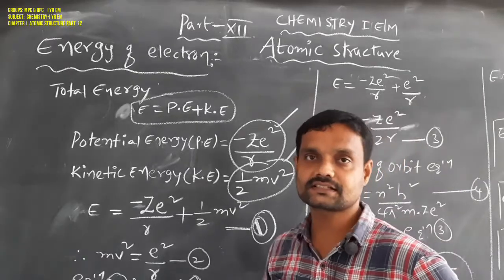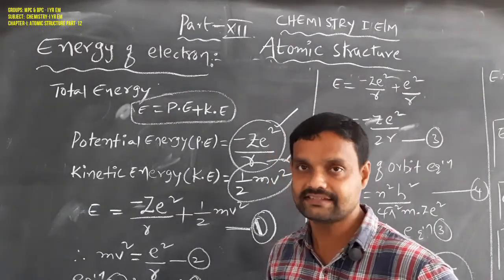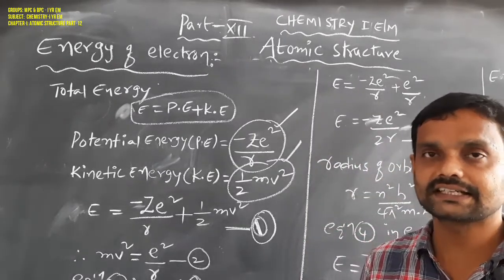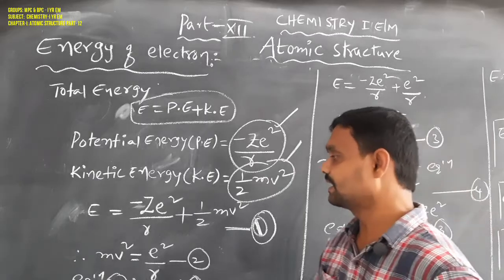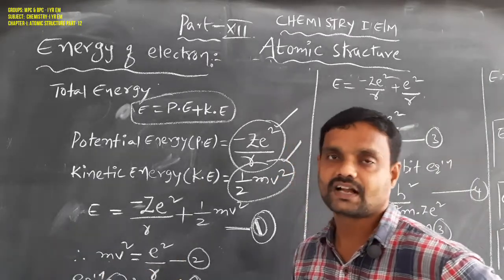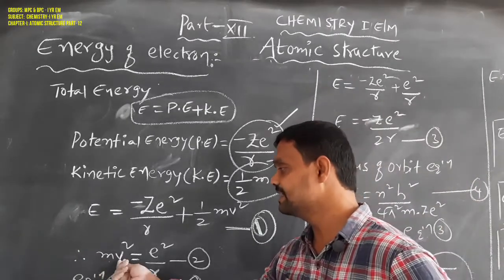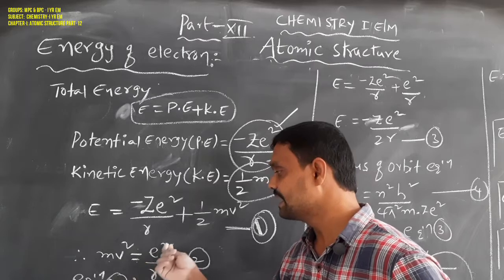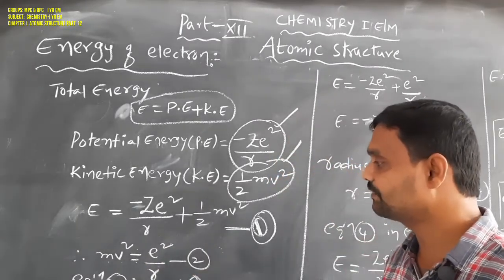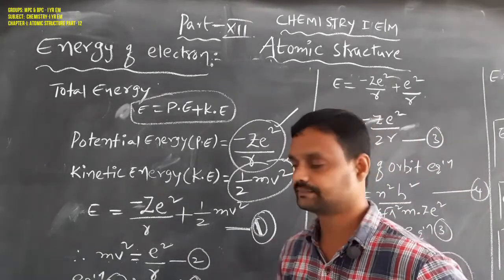In the previous class we derived the radius of orbit equation. In that derivation, mv² is equal to e²/r. This is obtained from the derivation of the radius of orbit.